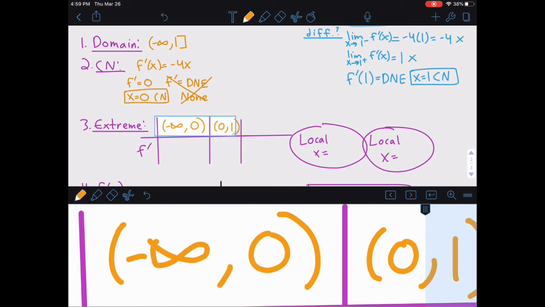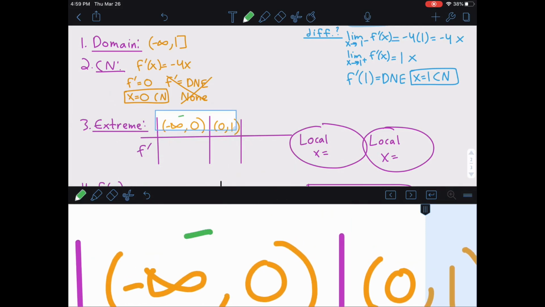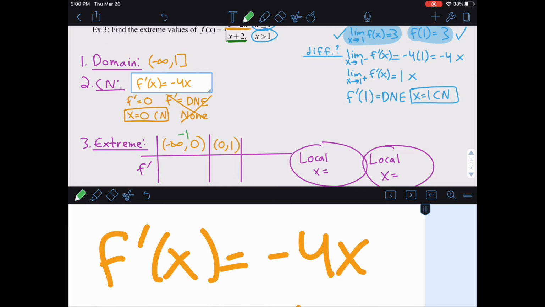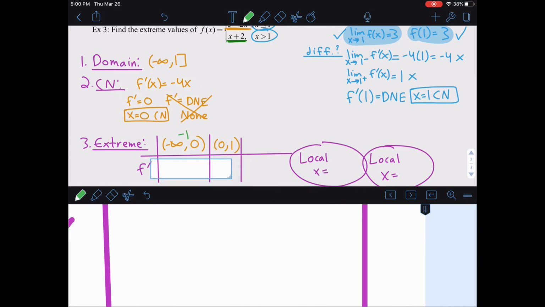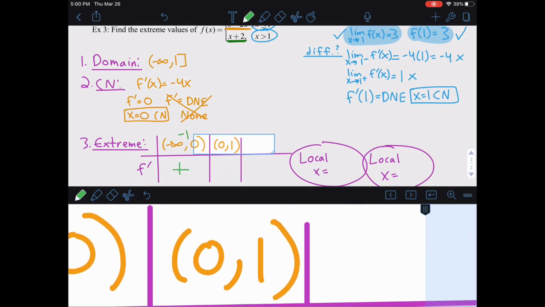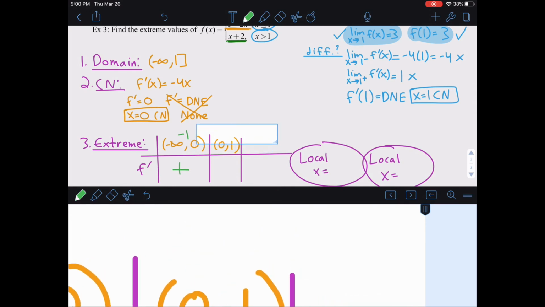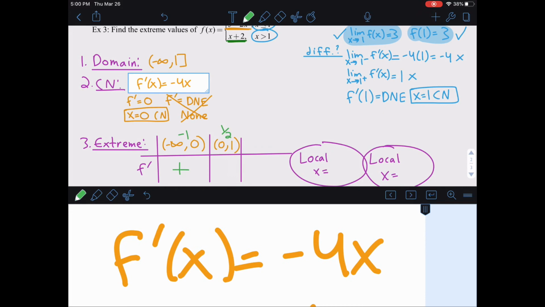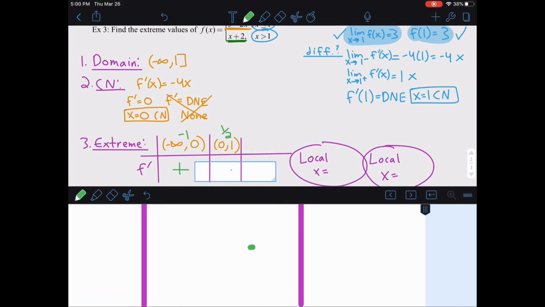And so now I'm going to pick a number from each of these pieces. I will pick negative 1 from negative infinity to 0. When I plug it into the derivative, multiply 2 negatives, I get a positive. 0 to 1, I'll pick a half. Plug it into f prime, negative times a positive, I get a negative.